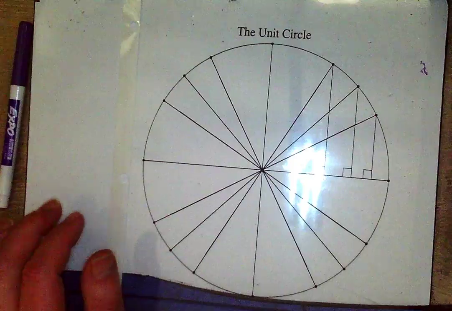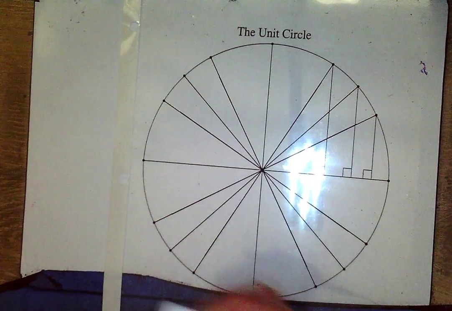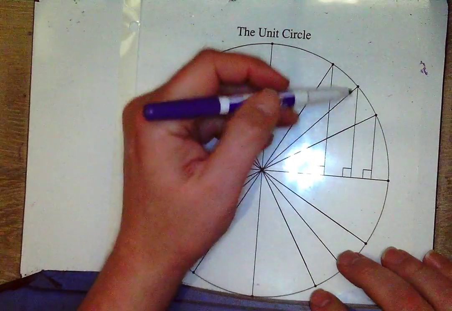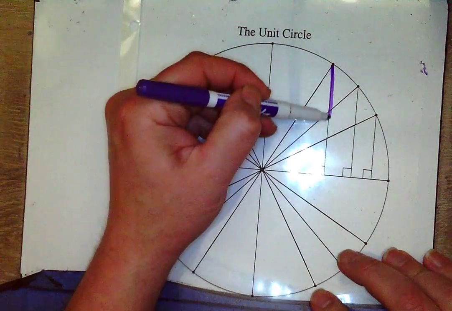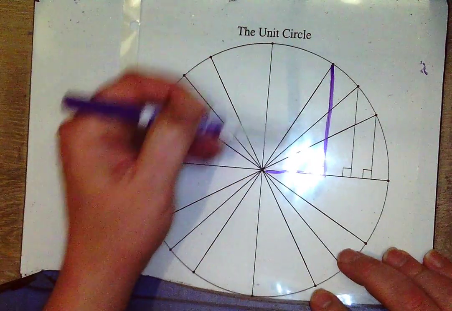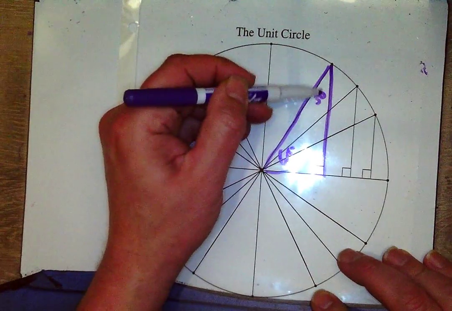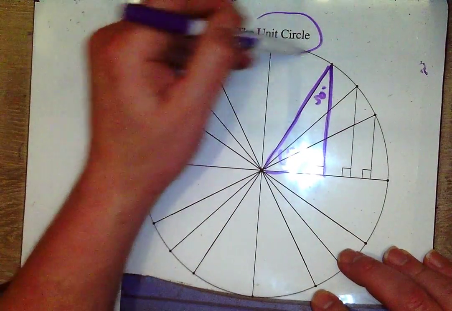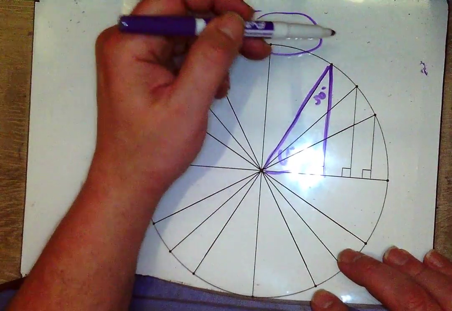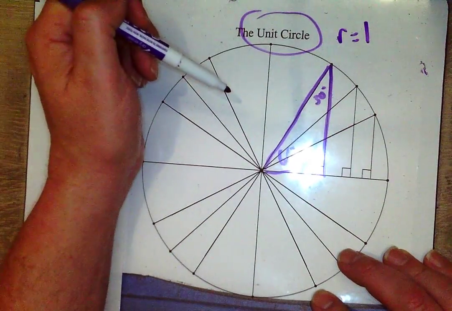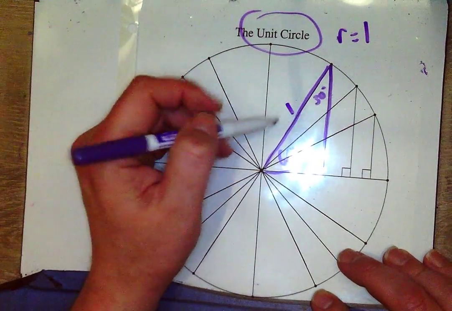Yeah? So here's what I want to point out. We've got here, this is 60 degrees, this is 30 degrees. And because it's the unit circle, we know that the radius is 1 unit. So this is 1.